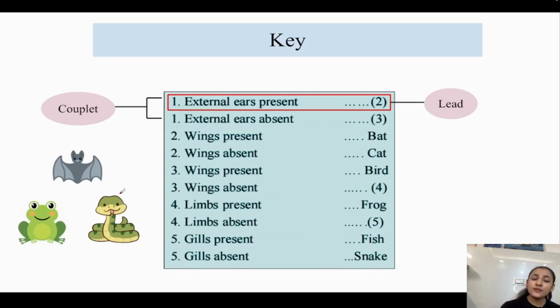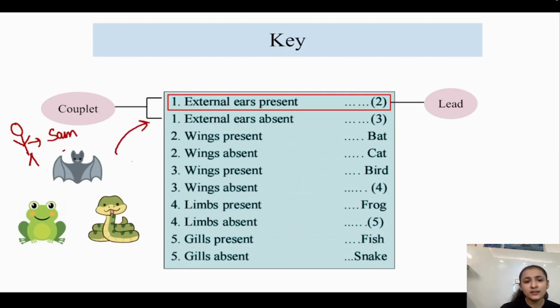So what if that person goes and wants to identify all these 3 organisms? What will he do? He'll use a key. Okay, so first let us consider a bat. So consider this human being. Let's call him Sam.